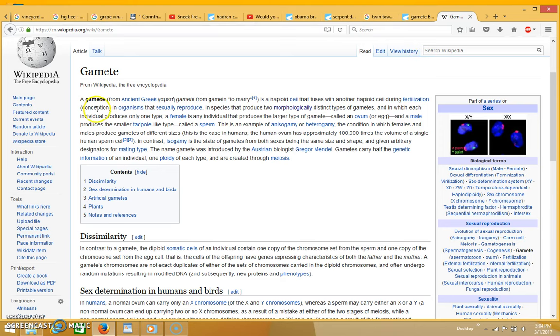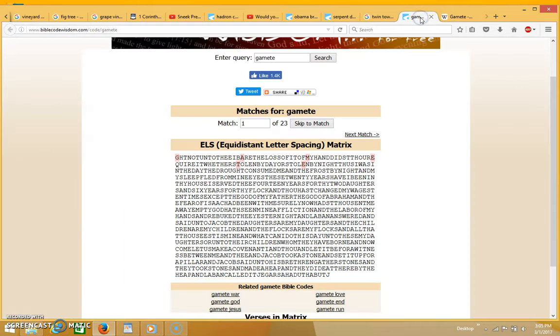And over here it says a gamete, from ancient Greek, is a haploid cell that fuses with another haploid cell during fertilization in organisms that sexually reproduce. And so when you put in the word gamete, it comes up with the number 23, and that's how many chromosomes are in a gamete cell, which is a reproductive cell.